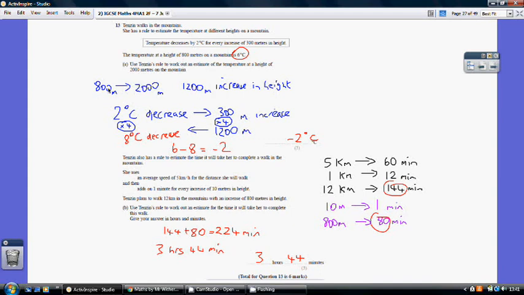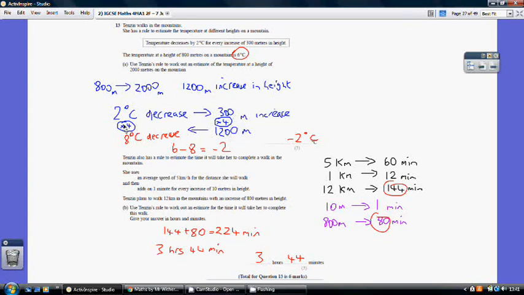Just on 2,000, take away 100. So that's 1,200 meters increase in height. Well, we know that there's a 2 degrees centigrade decrease in temperature for every 300 meters increase in height. Well, we've got a 1,200 meters increase in height. That's 4 lots of 300.